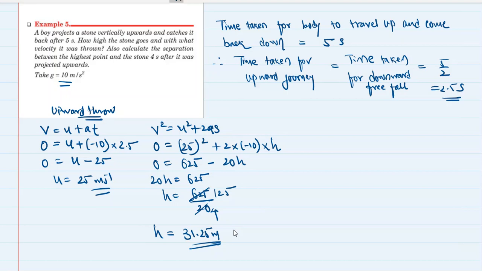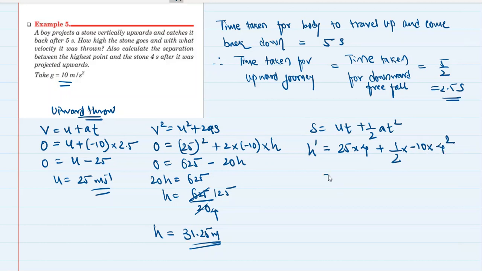So if we use S is equal to ut plus half at square, that will work. S is the distance which we want to find. We'll take it as h dash is equal to ut, that is 25 multiplied by 4, because we want to find the height after 4 seconds, plus half multiplied by minus 10, because it is thrown up, multiplied by t square, that is 4 square.